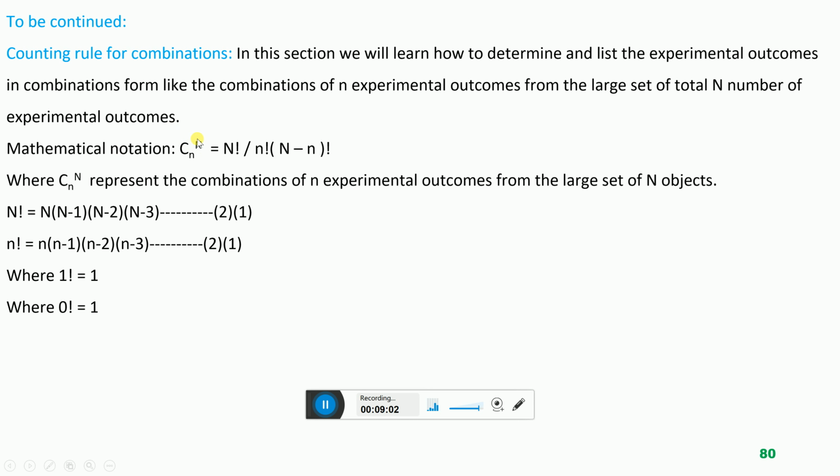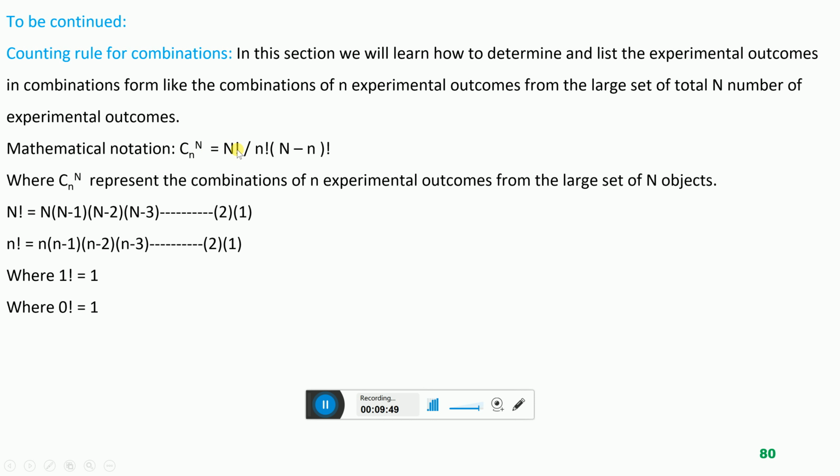Small n represents the outcomes in the combination form that we will choose from the large capital N. So C is combination, N is the total number of experimental outcomes, and n is the group of outcomes.